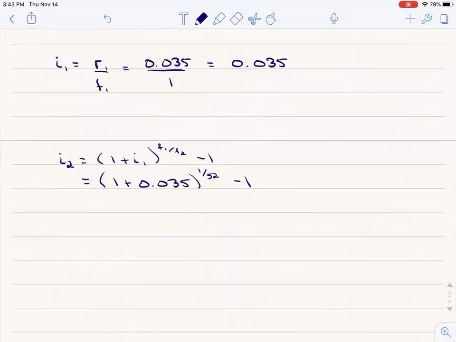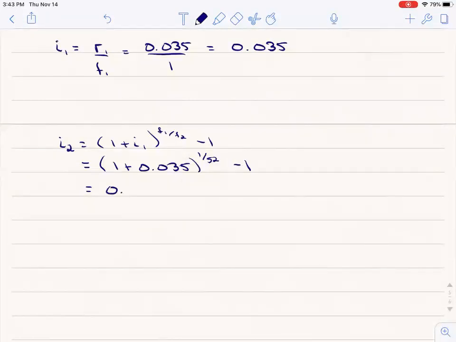So we've got 1 plus 0.035, so 1.035 to the power of, in brackets, 1 divided by 52, equals, that's not right. 1 plus 0.035 to the power of 1 over 52 equals, there, minus 1.